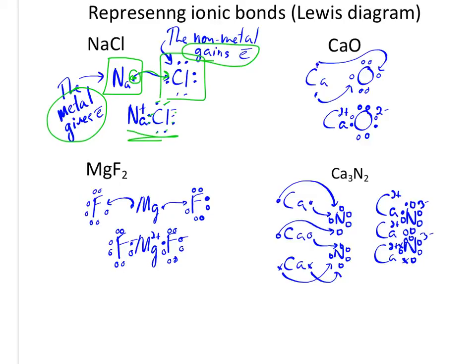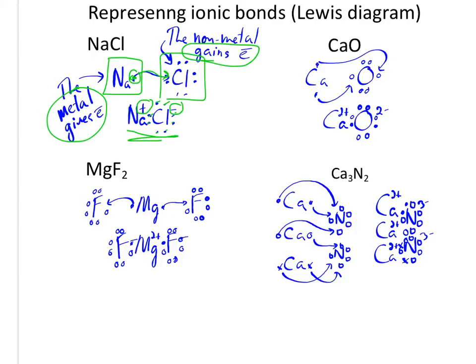They've acquired charges, so it's very important that you write the charge for each of them, and that explains why they would stick together after exchanging their electrons, because they're both satisfied. Why would they stick together? Because they now have opposite charges, and opposite charges attract each other.